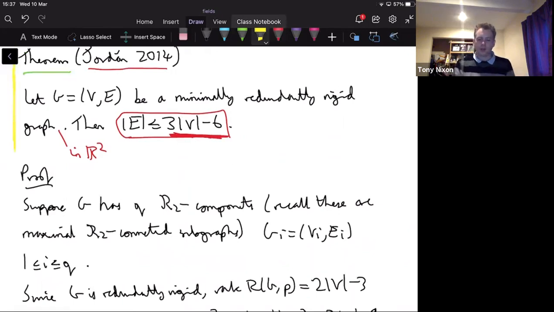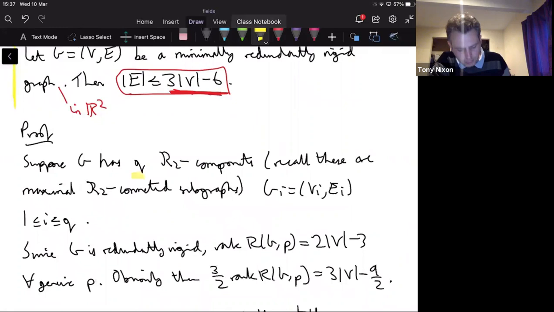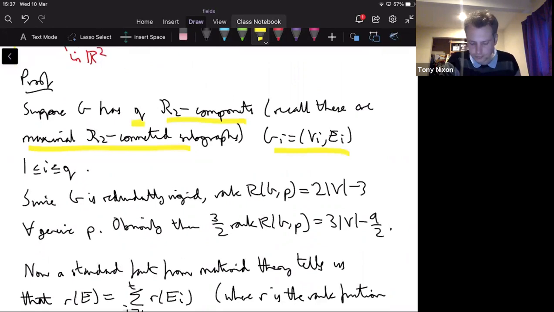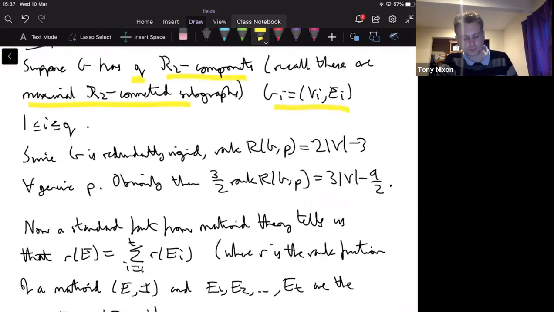So I'm a minimally redundantly rigid graph. If I was just R2 connected, I could apply the theorem straight away. So suppose I have some number of R2 connected components, the maximal R2 connected subgraphs, and let's call each of these Q components G_i equals (V_i, E_i).